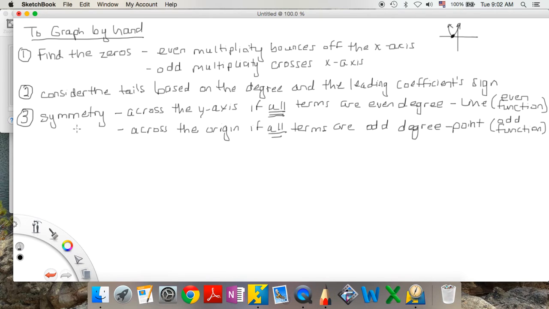All right. So we find our zeros. Think about the tails. Think about the symmetry. And then we're going to find our y-intercept, which is just plugging in x equals 0, which is usually really simple the way polynomials are written. And then you can get some other points to help.